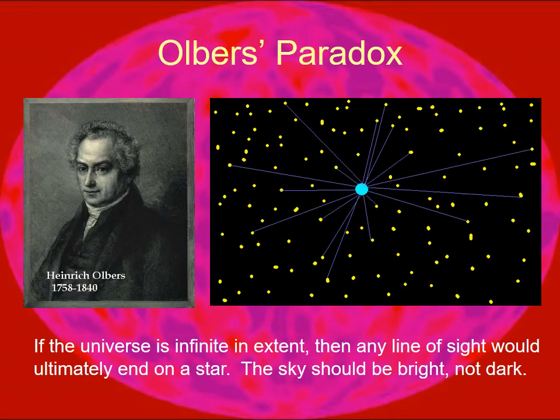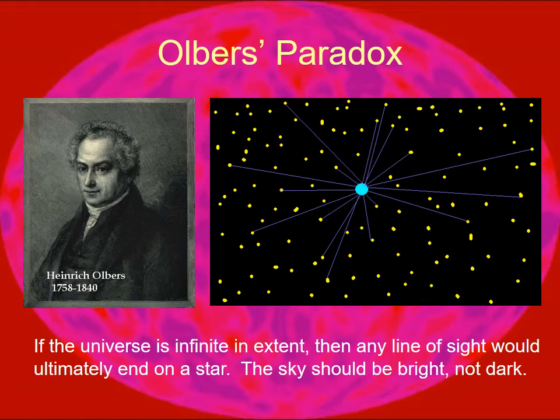This led Heinrich Olbers to say it can't be infinitely big and infinitely old, because if so, then whatever direction you looked off into space, there'd eventually be a star. And so the sky should look bright, because everywhere in the sky would be stars. Very far away, but there'd be stars there.